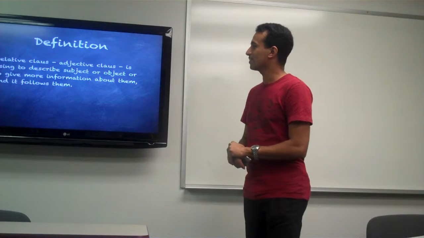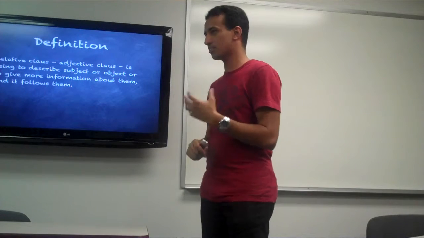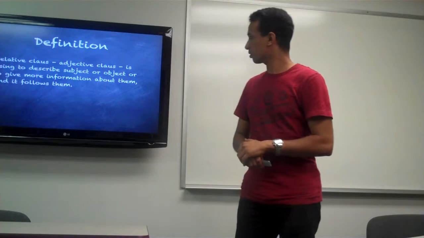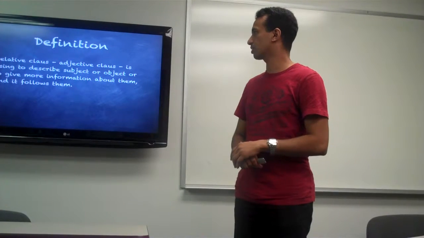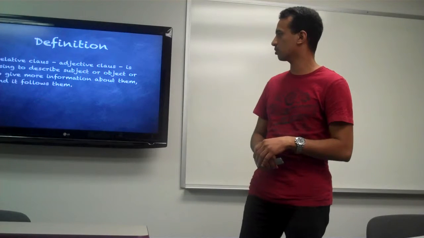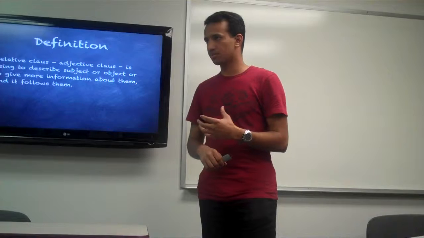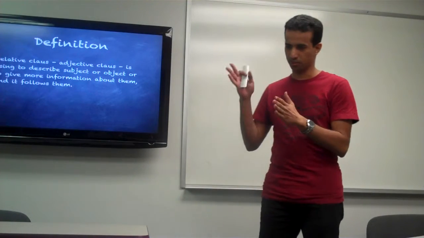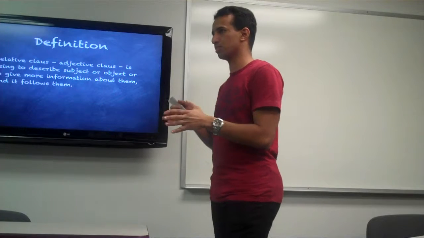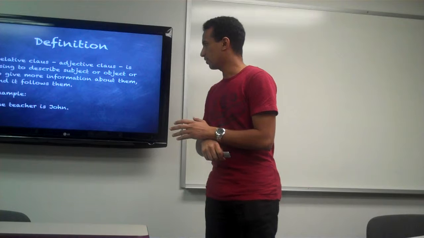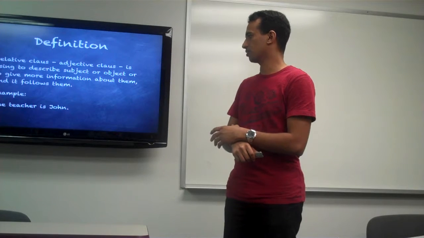So, first of all, the definition. What do relative clauses mean? A relative clause is used to describe a subject or object, or to give more information about them, and it follows them. For example, in the subject, the teacher is John.